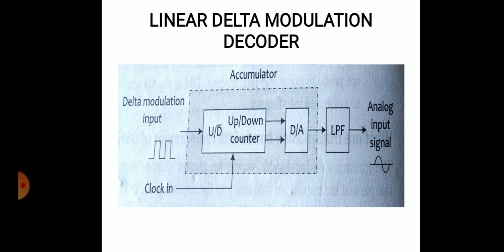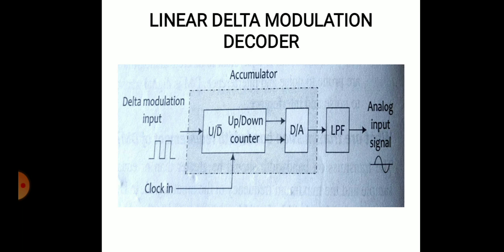The first sample is taken, converted to a PAM signal and compared with 0, because the first output of the D2A converter is 0. Then the output of the comparator is logic 1, or we can say positive condition. It indicates that the current sample is larger in amplitude than the previous sample.